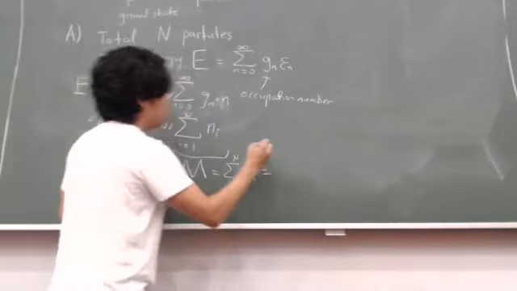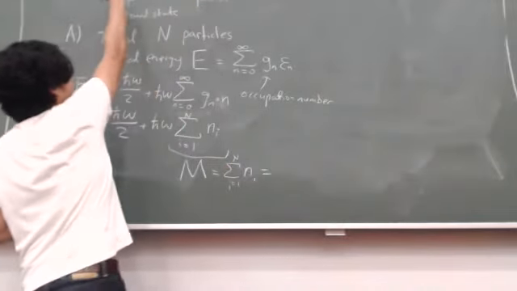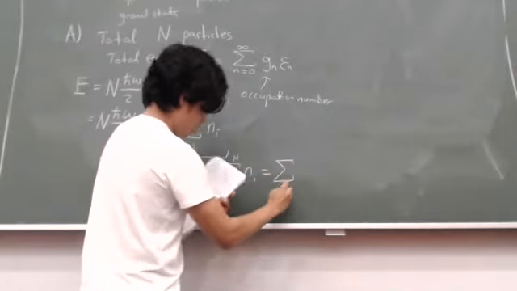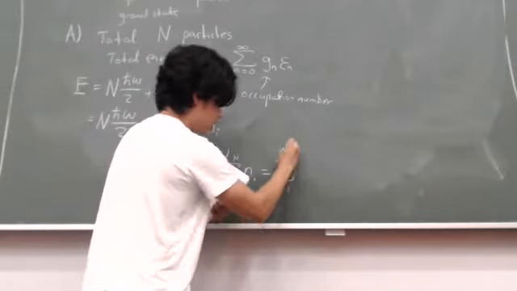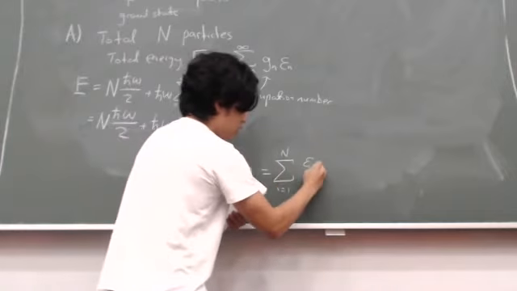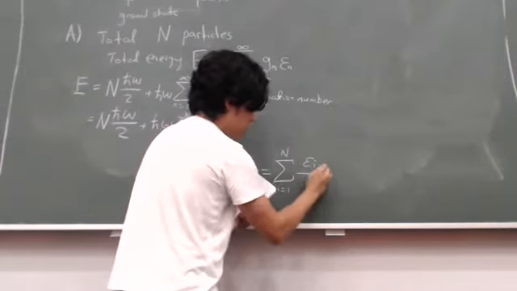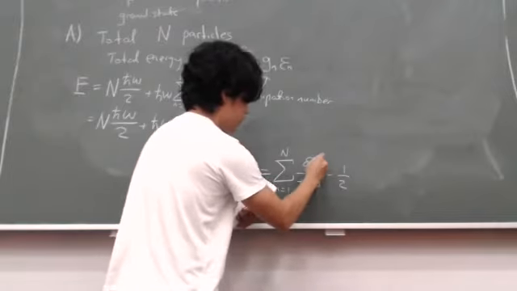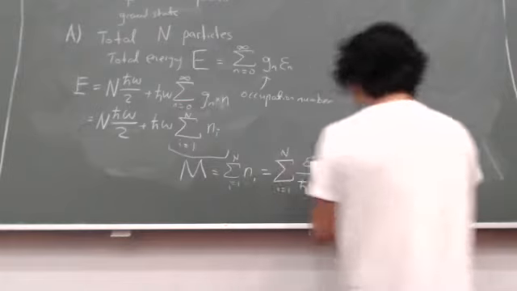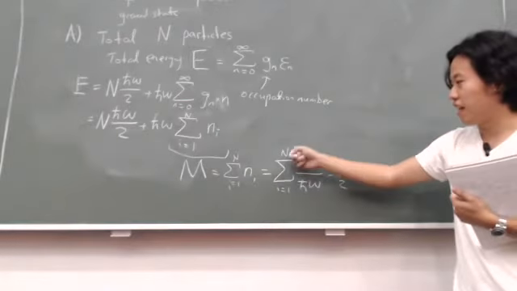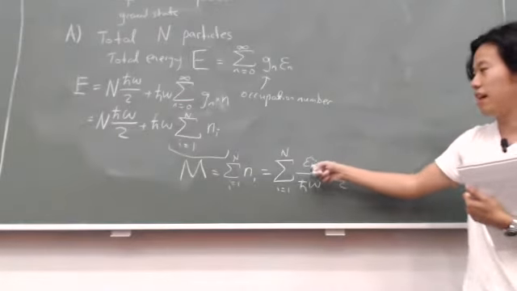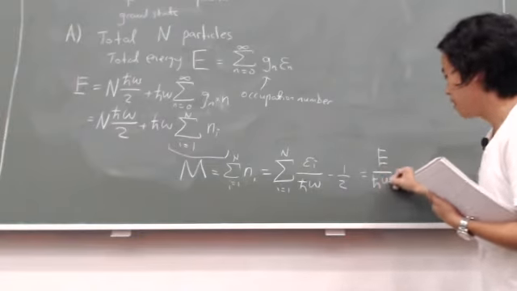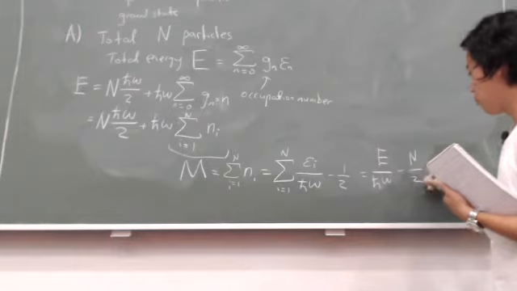I rewrite this n as the subject and sub the rest of this in, I get the sum from i equals 1 to N, total number of particles, of the ith particle's energy divided by h bar omega minus a half. Or in other words, the sum of all the particles' energy, epsilon_i, is just going to equal the capital E. So it'd be the total energy divided by h bar omega minus N divided by 2.